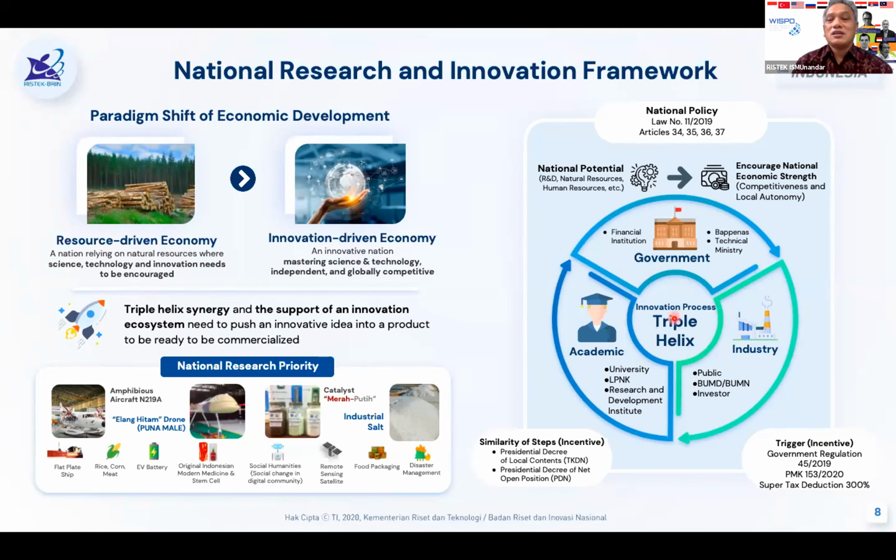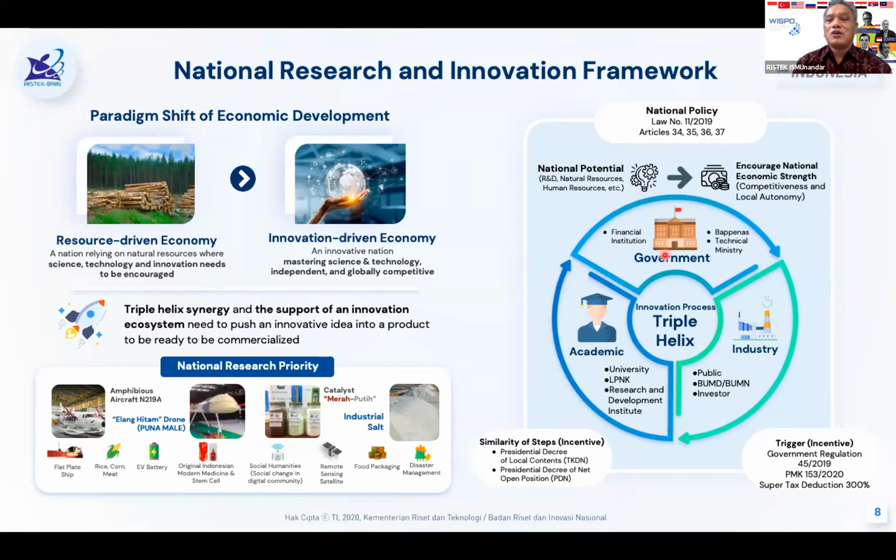Our agenda is making the innovation process work through what we call a triple helix. This is a close collaboration between the government, making the policy and at the same time being a consumer of the innovation and invention products of the academics and industry.